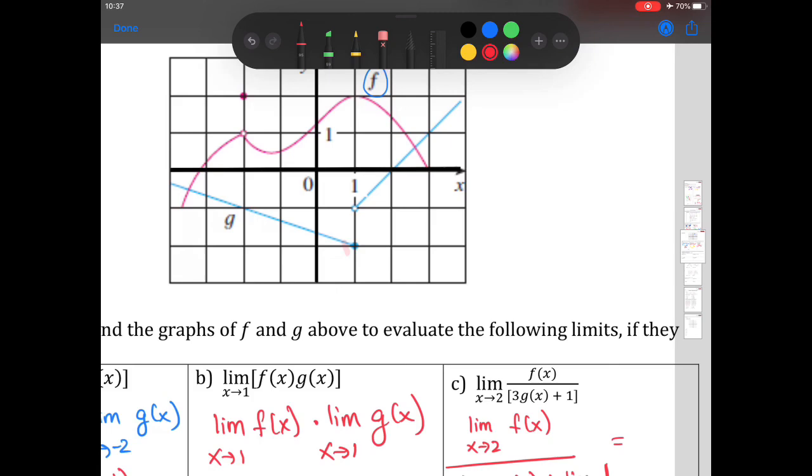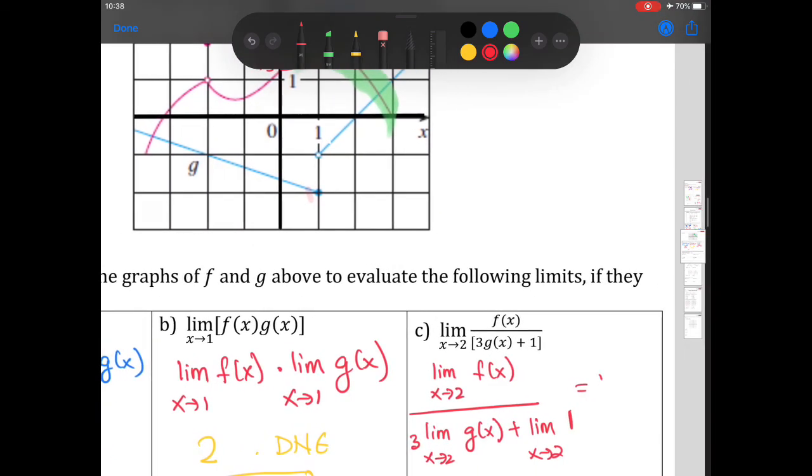Again, it is continuous here, right? From the left, when x is approaching 2, this is my y value. It's like 1.5. From the right also, if I trace it, it's approaching the same number, approximately 1.5. So that is 1.5 over, now let's do that, 3 times g of x.